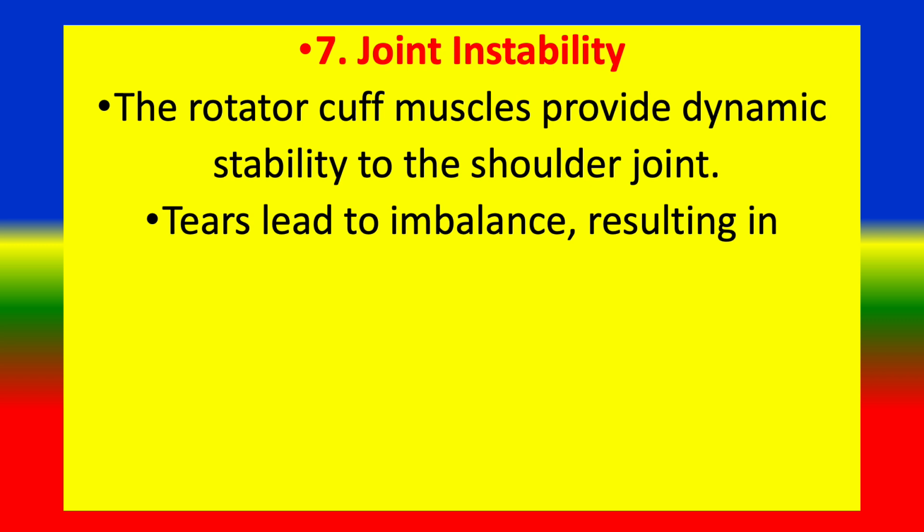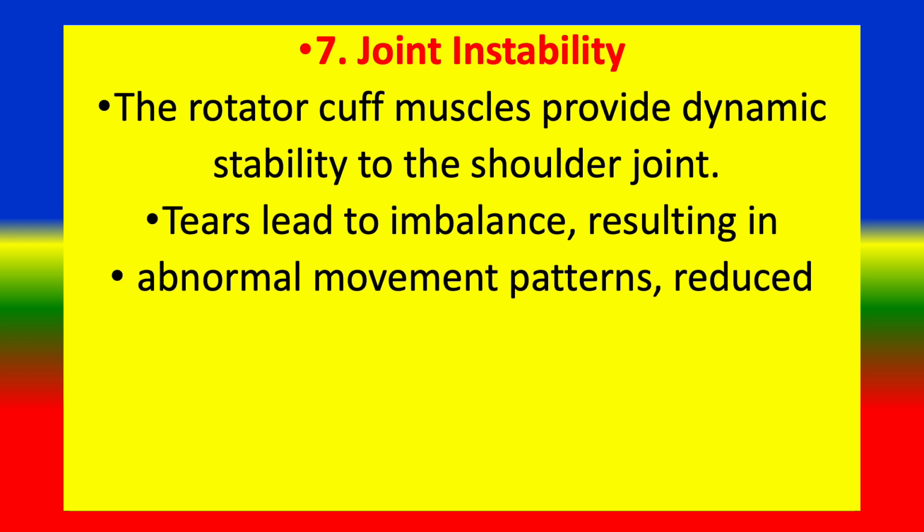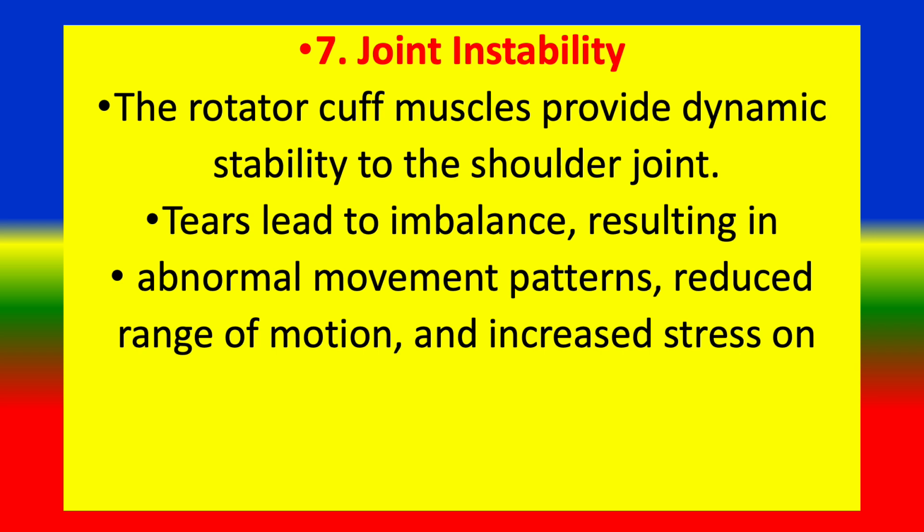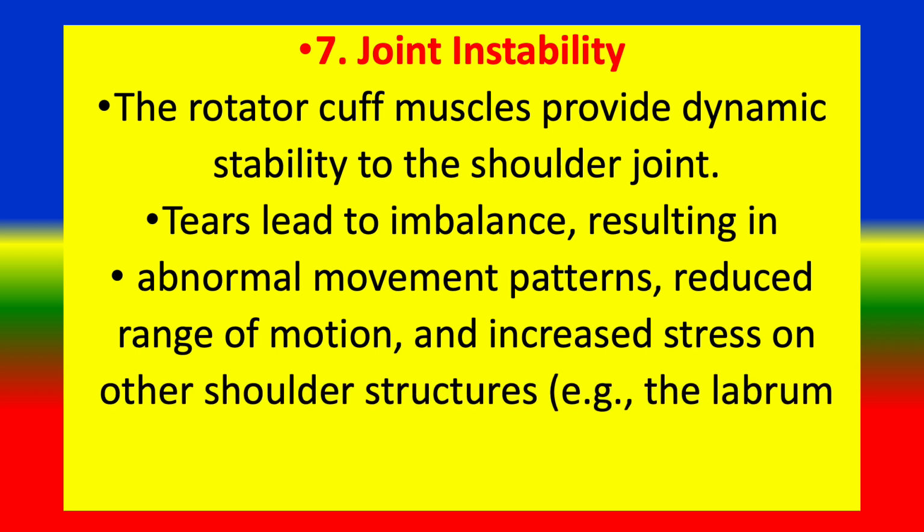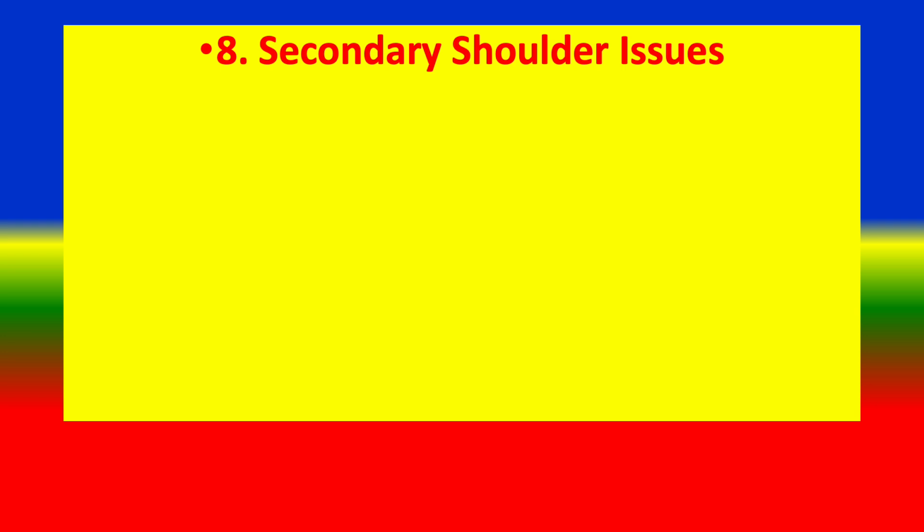Tears lead to imbalance, resulting in abnormal movement patterns, reduced range of motion, and increased stress on other shoulder structures. Example, the cartilages. 8.